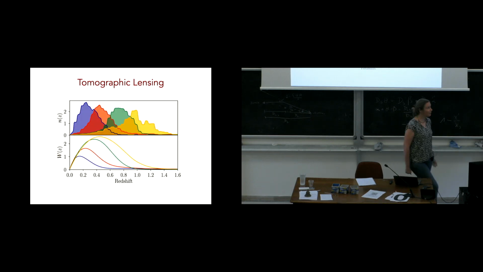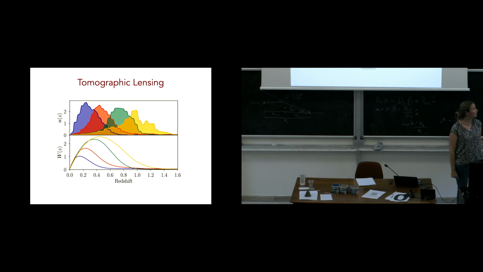The problem though is typically, at least in the current generation, these redshift distributions are pretty broad. Shown here is an example from the DES analysis, which means that this lens efficiency W is a very wide filter.